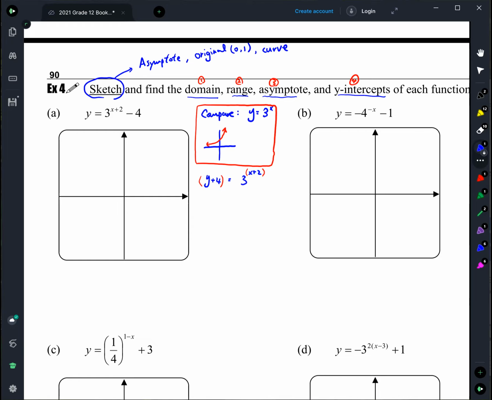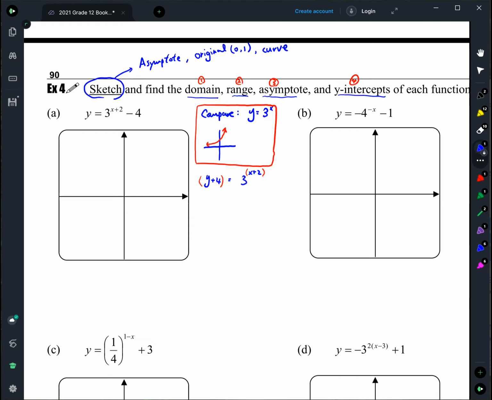Is it a reflection, or stretching, or translation? We have the RST. Do you remember that? Yes, I think it's translate down 4.